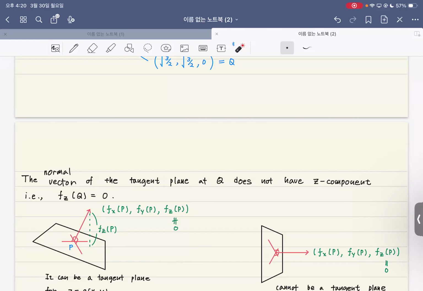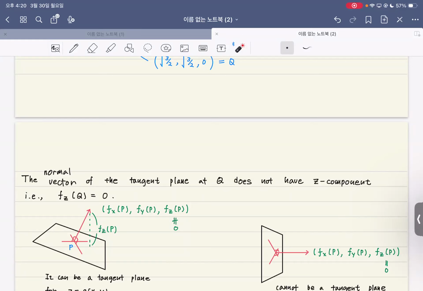How would you find the equation of the tangent plane at this point? We know the normal direction of the tangent plane at the point P is precisely the gradient vector. This is the normal direction of the tangent plane at point P of this level set.